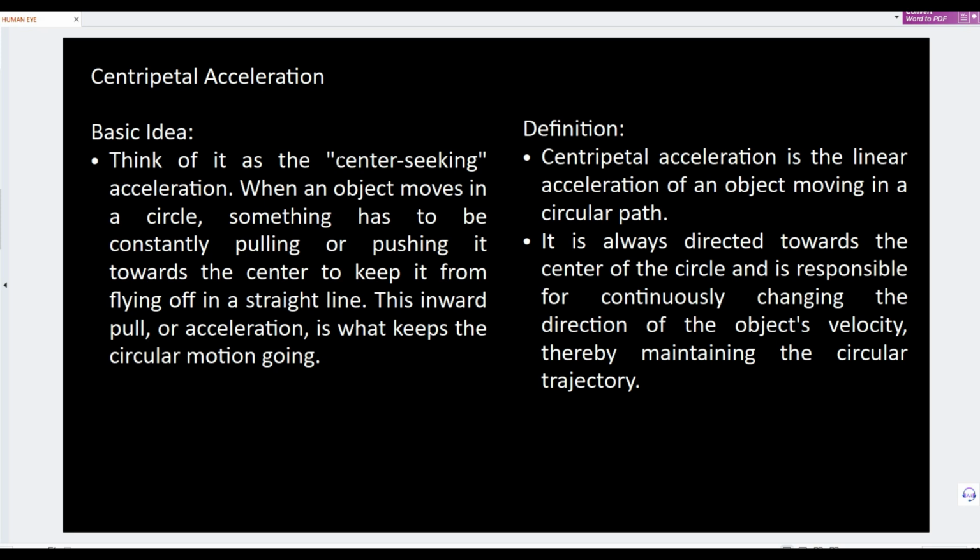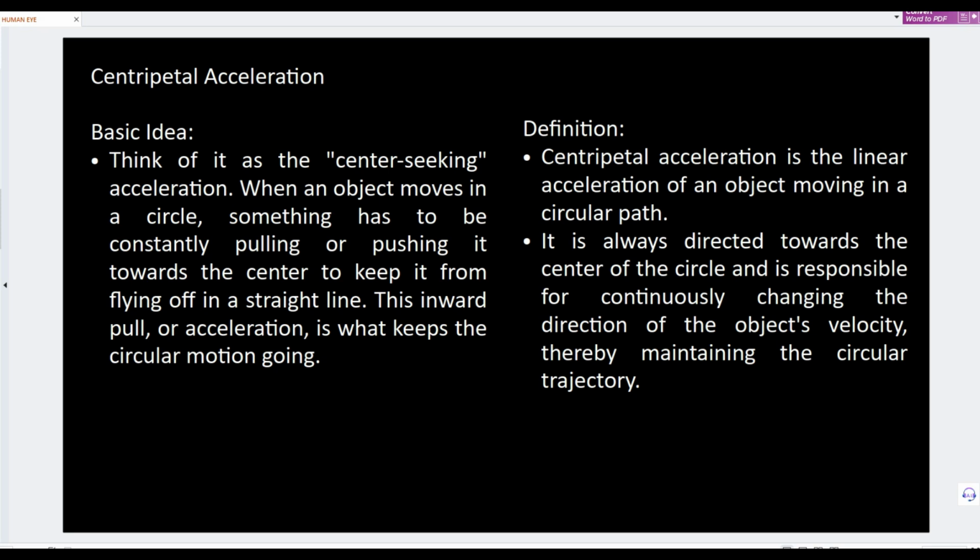If you literally break it up, it is known as center seeking acceleration, because it makes the object go round and round. When an object moves in a circular path, something has to constantly push or pull it towards the center to keep it from going off in a straight line.